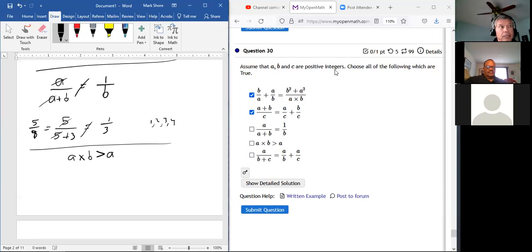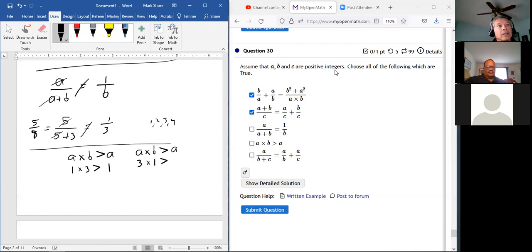So if we take 1 times 3, is that greater than 1? This is still true. 1 times 3 is greater than 1. Let's flip it around here. Let's let the B be 1. So checking if A times B is greater than A again. How about 3 times 1?